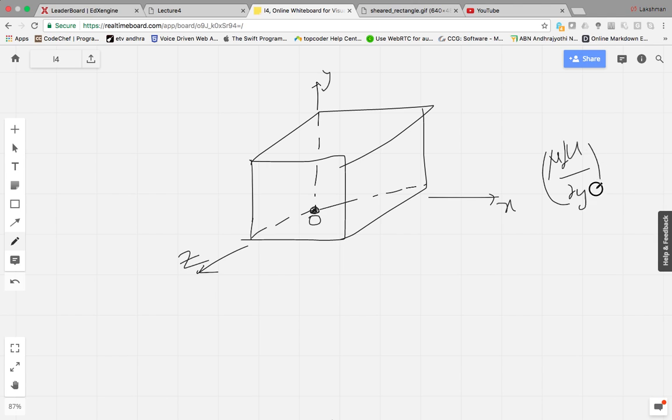This is the shear force you will see as you go to the top. If you slice through any layer, the top face is one layer, there is a shear force here because of the gradient of the horizontal velocity. We are only talking about horizontal velocity here.